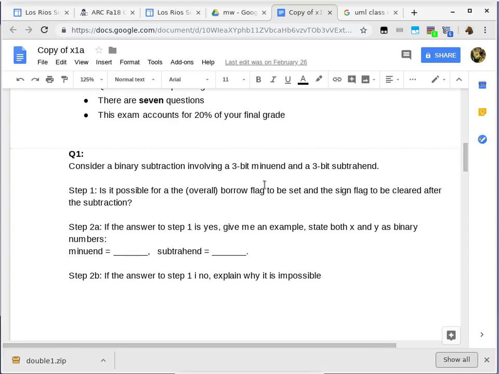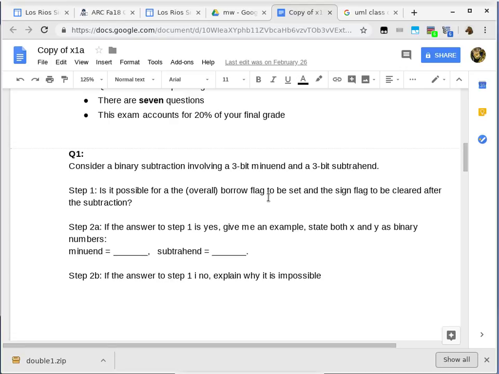Step 1: is it possible for the overall borrow flag to be set and the sign flag to be cleared after the subtraction? This is just asking, is it possible? So what kind of answer do you think I'll be expecting? Yes or no? It did not ask for any explanation. It's simply asking, is it possible?